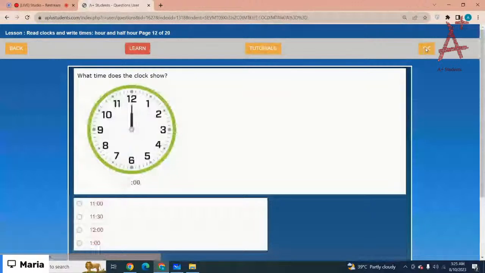Which is the correct option? The clock shows 12. The correct option is 12. Okay, yes, that is 12.